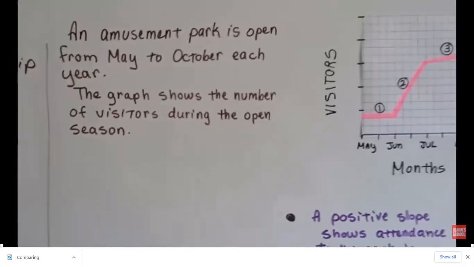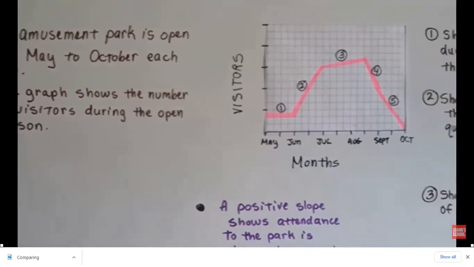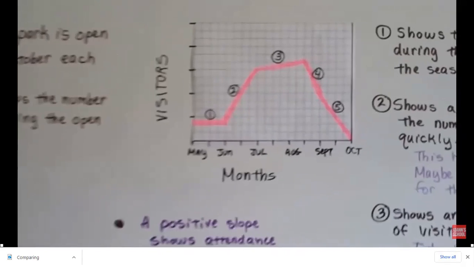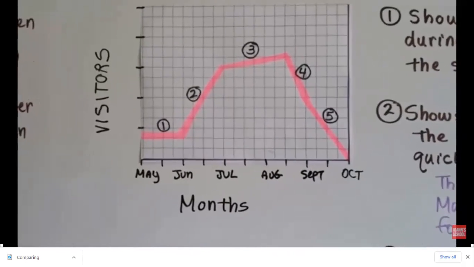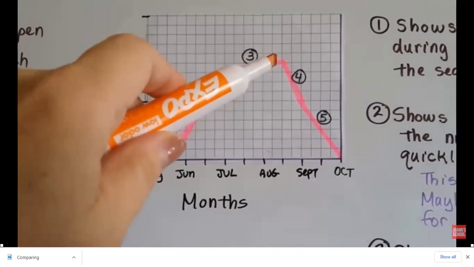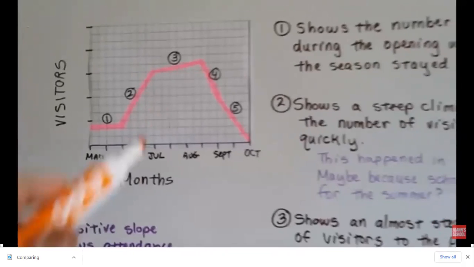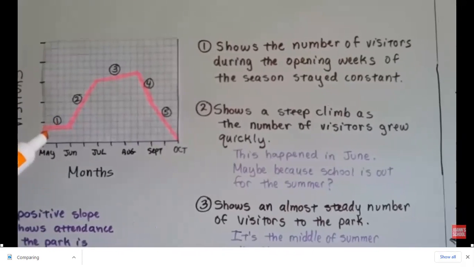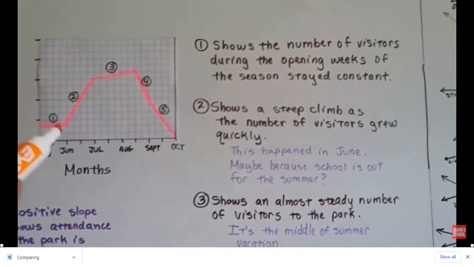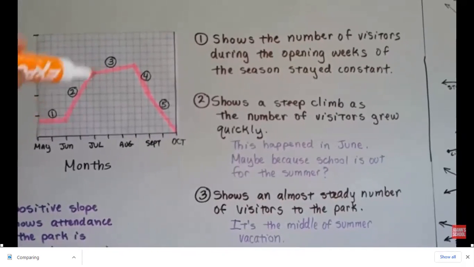So we have a story and we want to translate this story into a graph. Once you have a graph like this, we can tell a story related to it and what each line denotes. The first line shows the number of visitors during the opening weeks of the season stayed constant.